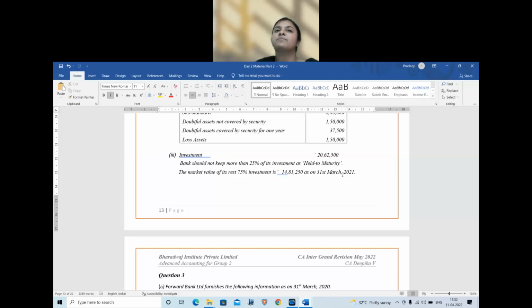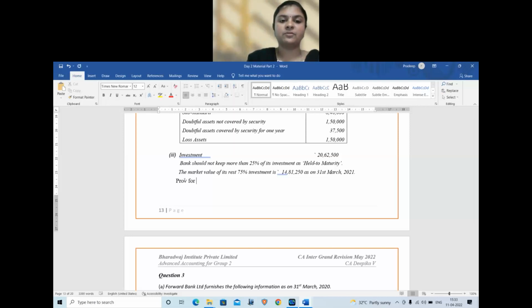What is the total investment value? 20,62,500, of which can you please calculate 75%? 15,46,875. So 15,46,875 is the cost of 75% of the investment, of which the market value is only 14,81,250. The difference will be taken as provision for reduction in the value of investments, or provision for diminution in investments.